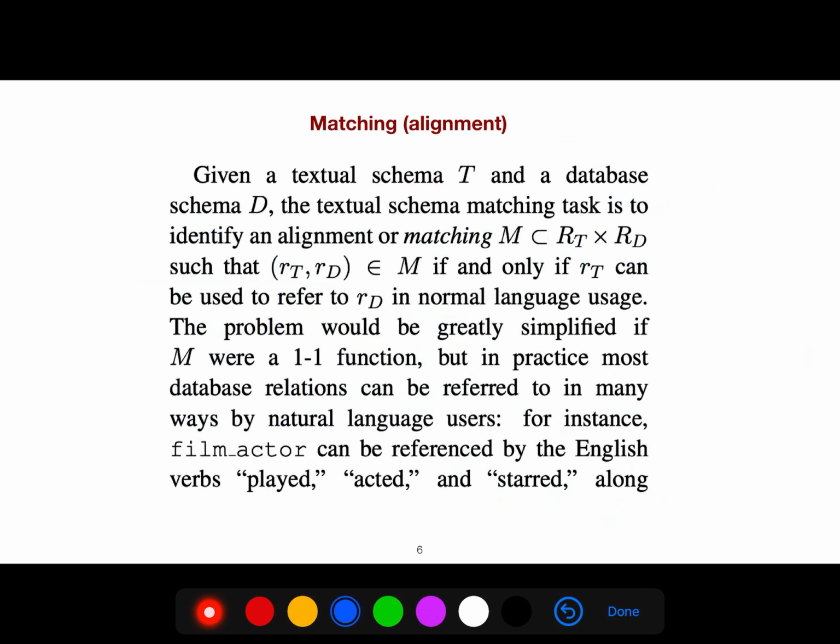And in matching, we want to align them. We have a textual schema and a database.